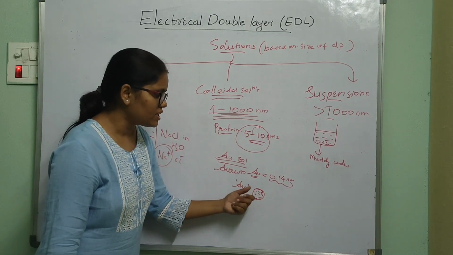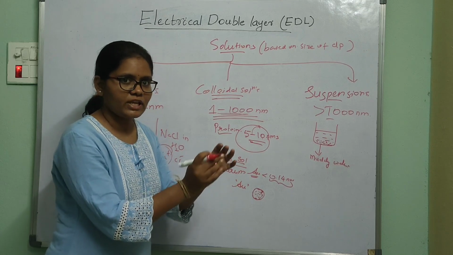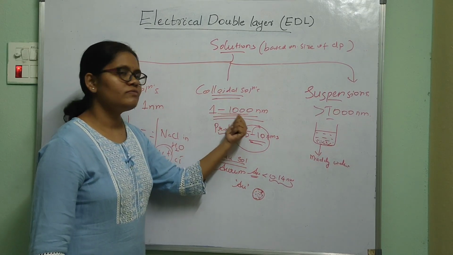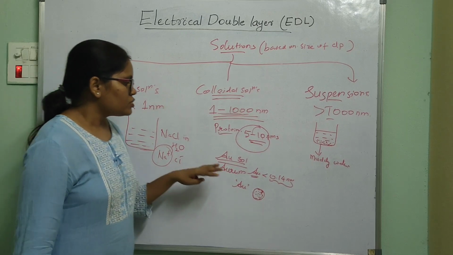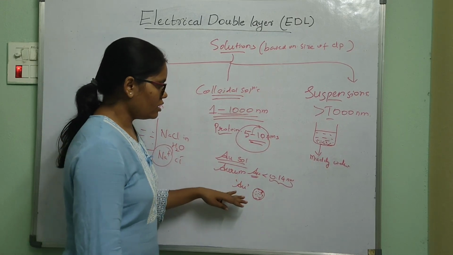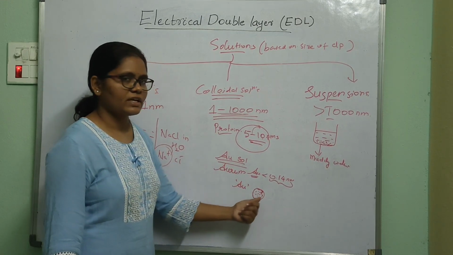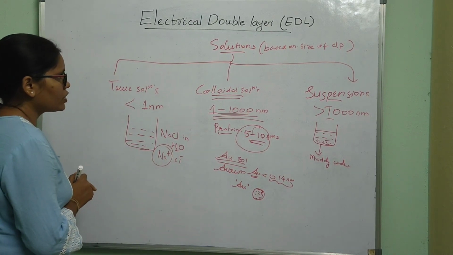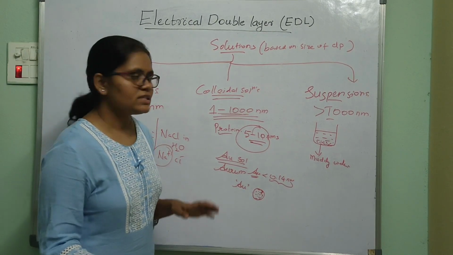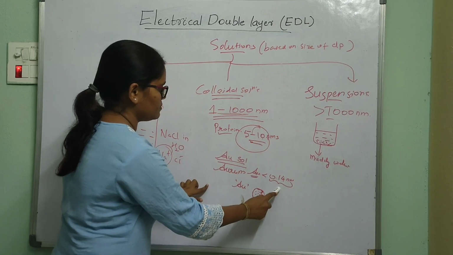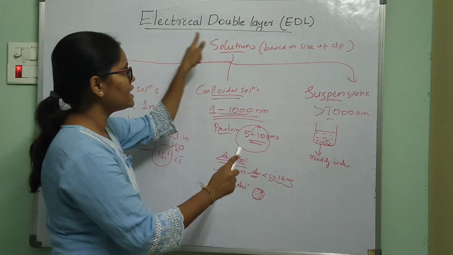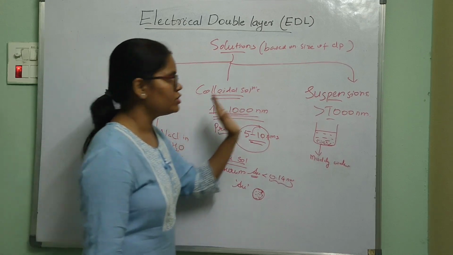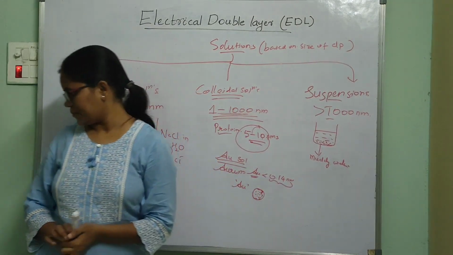It's not the individual atom but the aggregate of many atoms forming a particle whose size ranges from 1 to 1000 nanometers. So gold sol is possible by the aggregation of gold atoms. Now our interest is colloidal solutions, because this is what is required to understand the electrical double layer. So we do not need true solutions or suspensions.